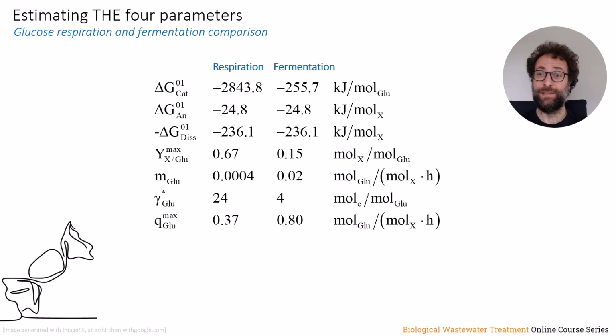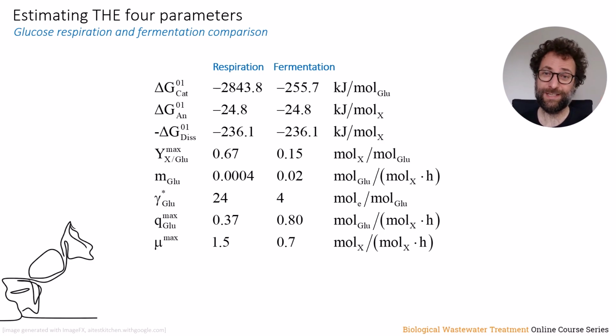Now, if we look at the mu max, the situation is a little bit different. From the Herbert-Pirt equation, we know that q, the biomass-specific substrate consumption rate, is distributed between growth and maintenance.